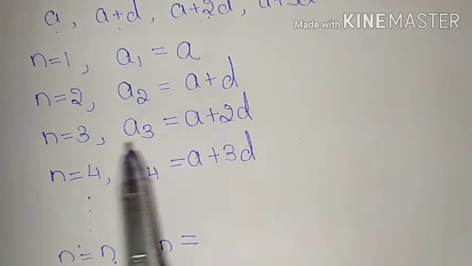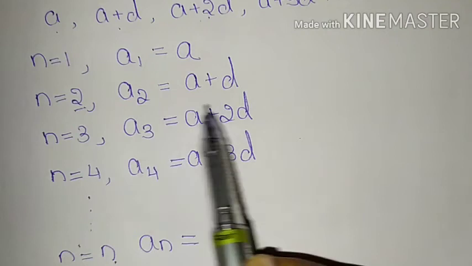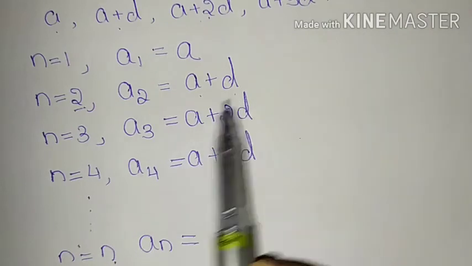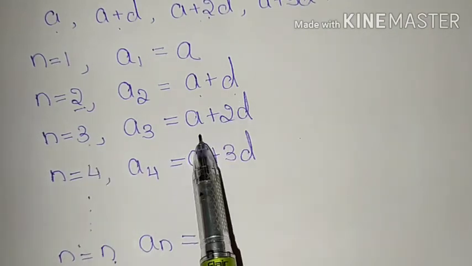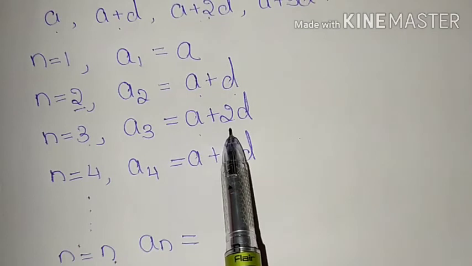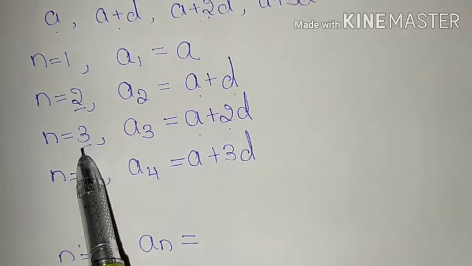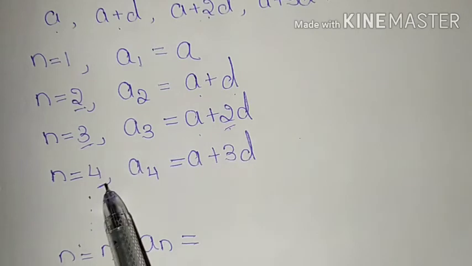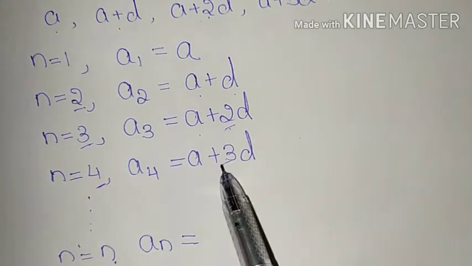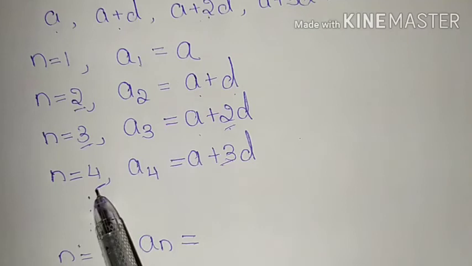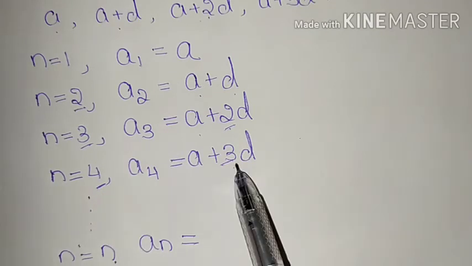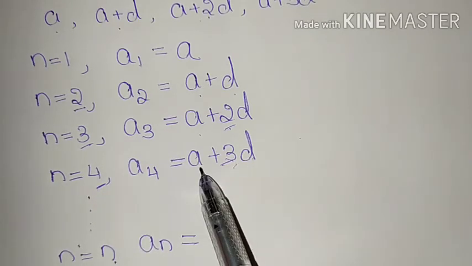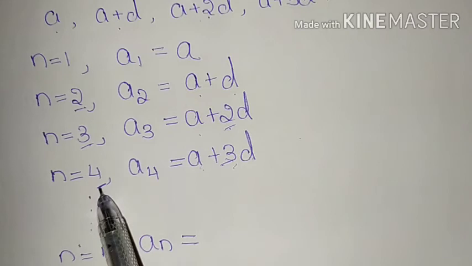If you observe here, when n is equal to 2, it is a plus d. When n is equal to 3, it is a plus 2d. So when n is 3, we have multiplied 2 to d. Similarly, when n is 4, we have multiplied 3 to it. We have multiplied d by a number which is one less than the value of n.